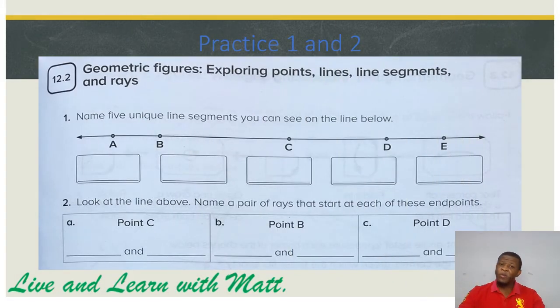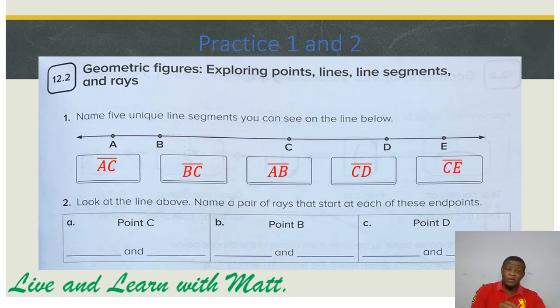Now let's go on to practice 1 and 2. Write 5 unique line segments you can see on the line below. So we can see line AB, AC, BC, CD, and CE.